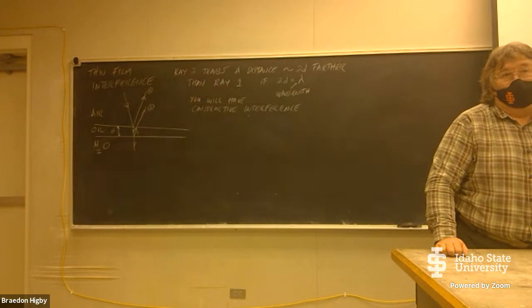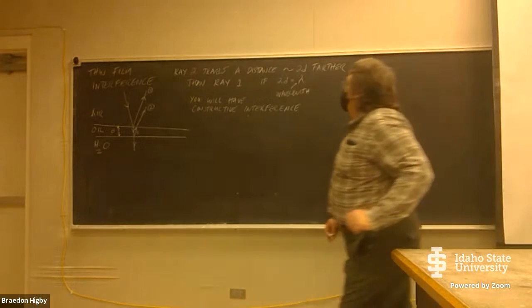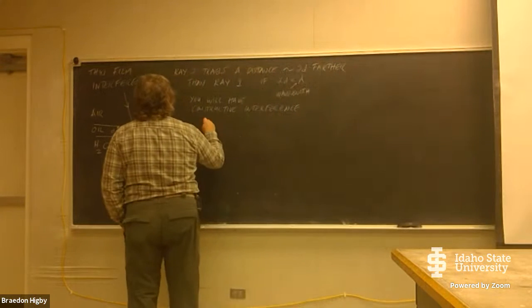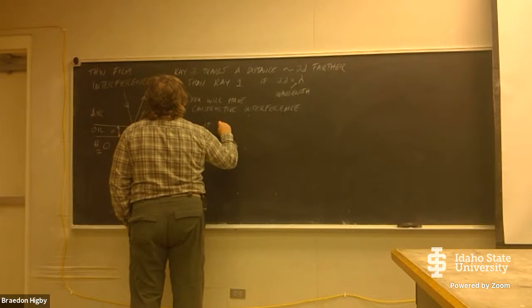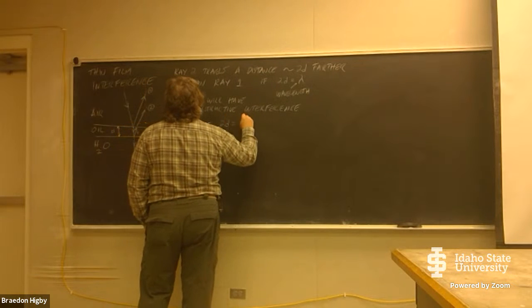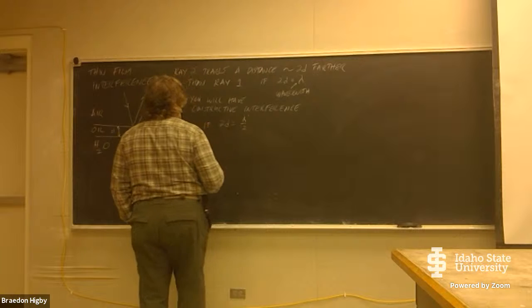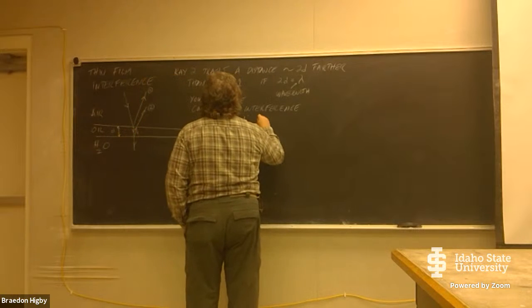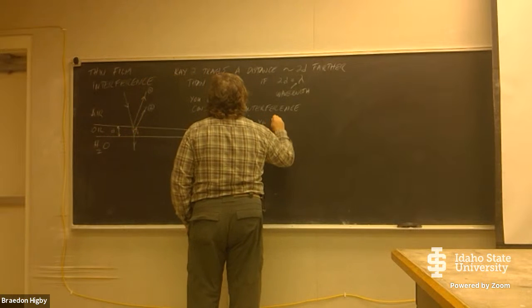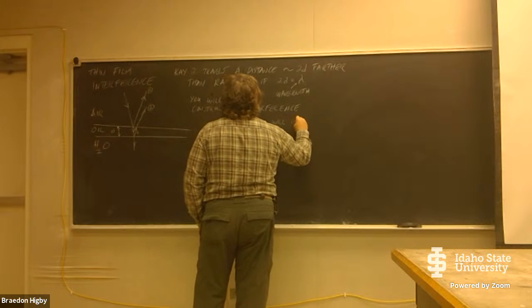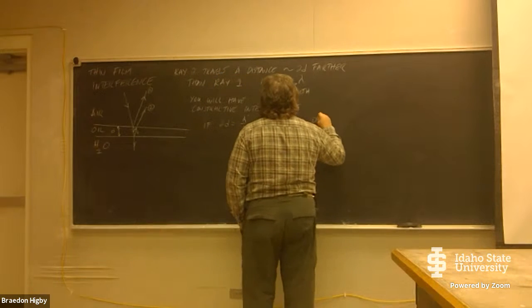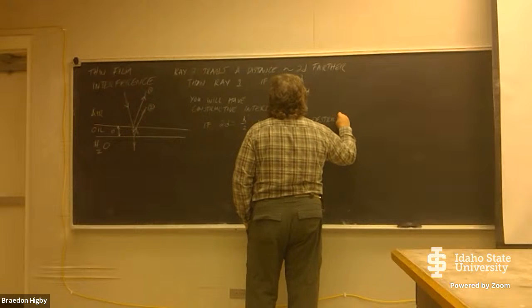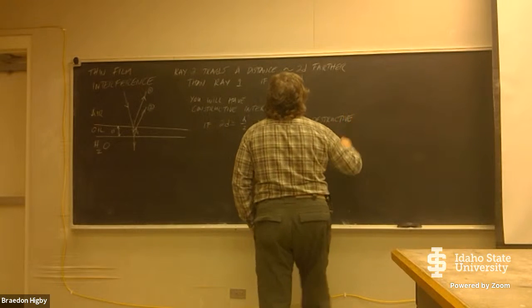Does that make sense? And if this 2D is equal instead to a half wavelength, you will get destructive interference.